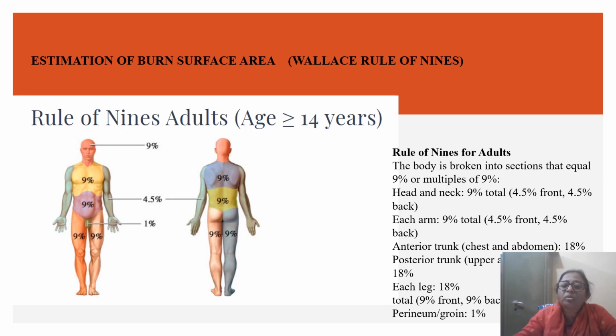Each arm 9%, 4.5% in front, 4.5% back. Then anterior trunk 18%, posterior trunk also 18%, each leg 18%, 9% in the front, 9% in the back, and perineum and groin, that is the 1%.